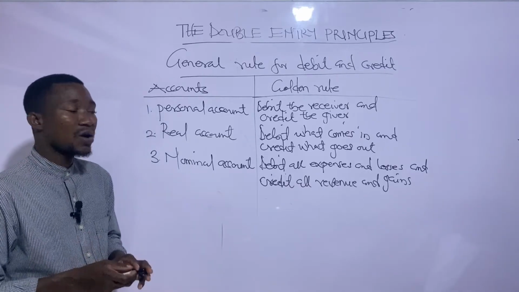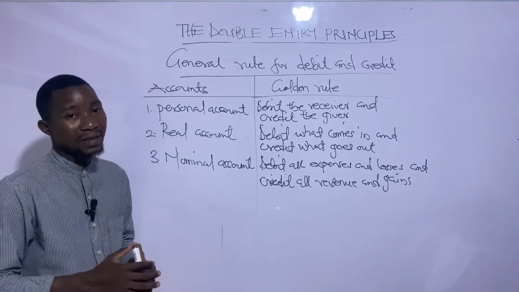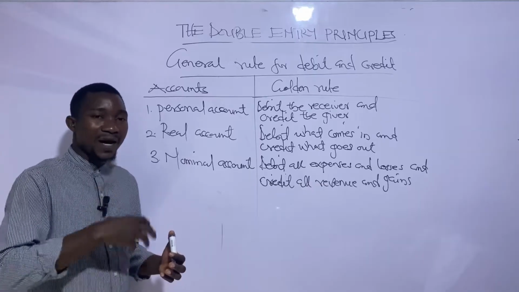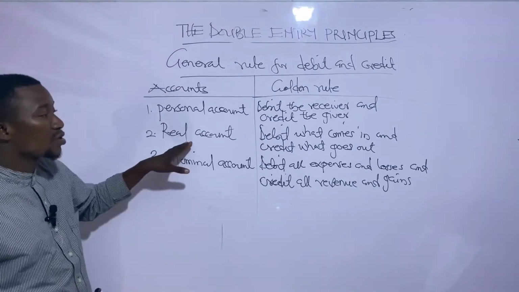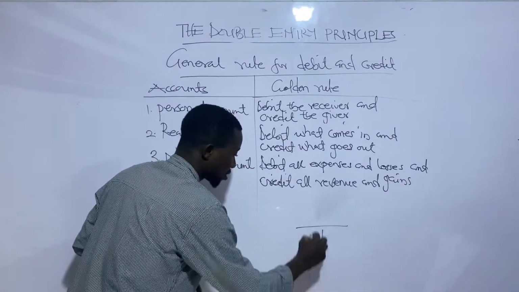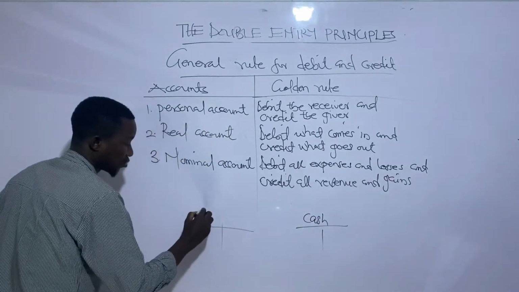This is the reason when we incurred an expense, or we paid for rent, that is an expense. So when we paid for rent, our cash is going out. We use cash to pay. So from real account, we credit what goes out. So it means we will have our cash account, then we will have the expenses account, which is rent.